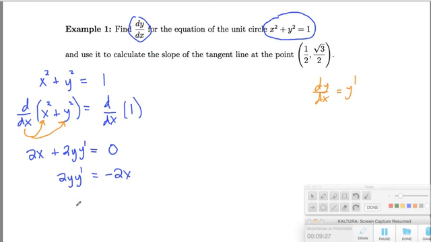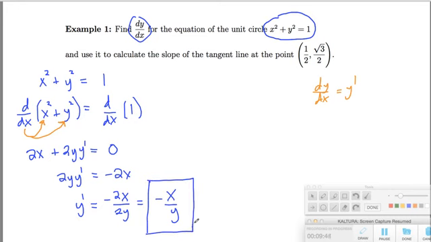And if you divide both sides of the equation by 2y, you get negative 2x over 2y, which is just negative x over y. So that's it. That's the derivative. So we found dy dx.